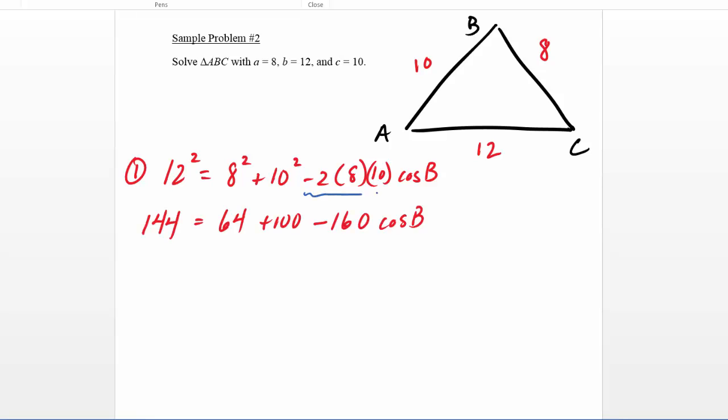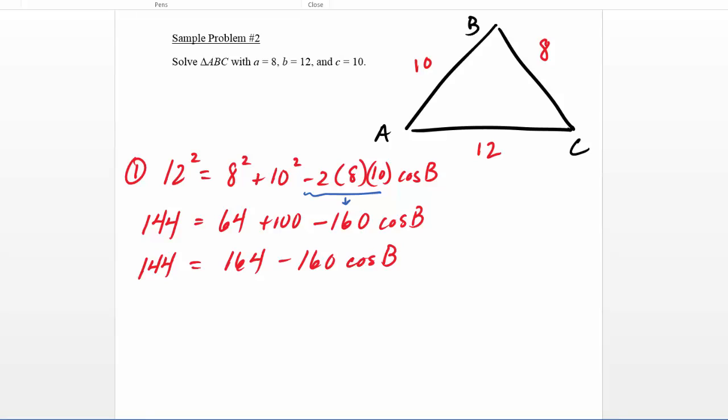Now, I multiplied all this together to get the 160, and I went ahead and did all the squared values and left the cosine of B there. Okay, so now that we've gotten to this part, this is one of the spots where students can particularly make mistakes.